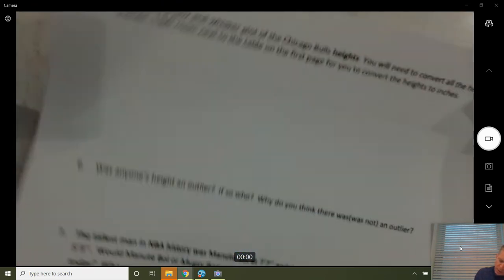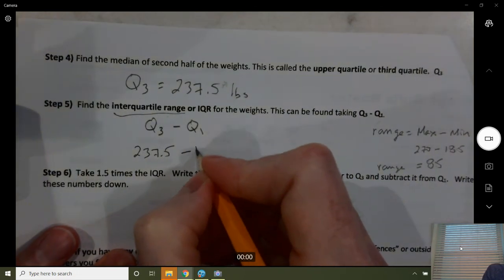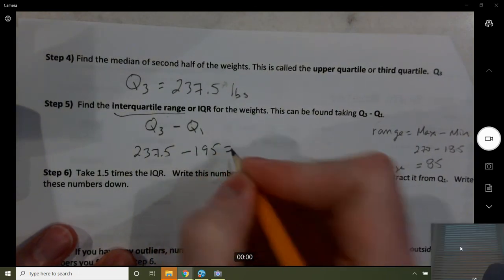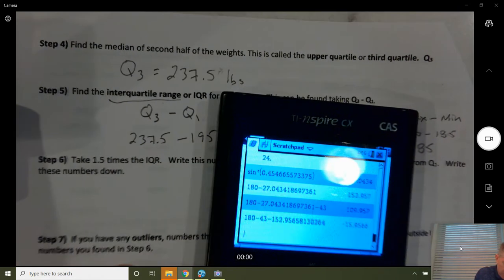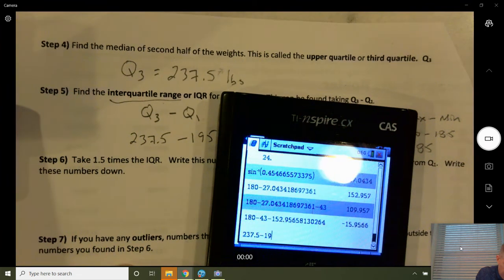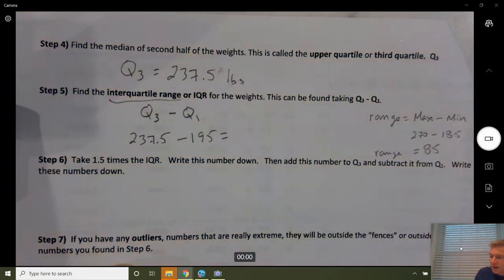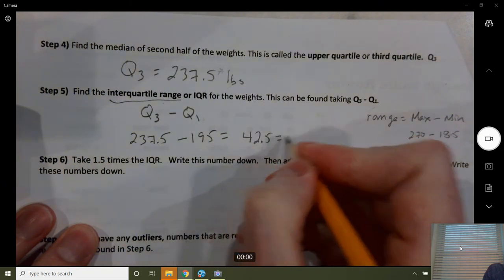The Q1 we got, what did we get? 195. Okay, and you can use your calculator if you want for that. 237.5 minus 195, 42.5. So 42.5 is your IQR.